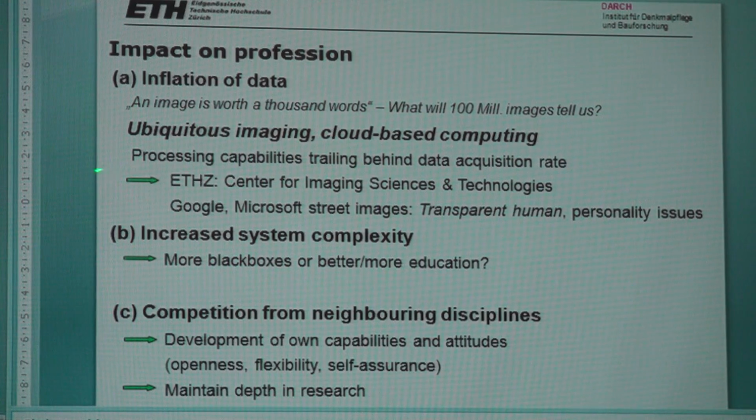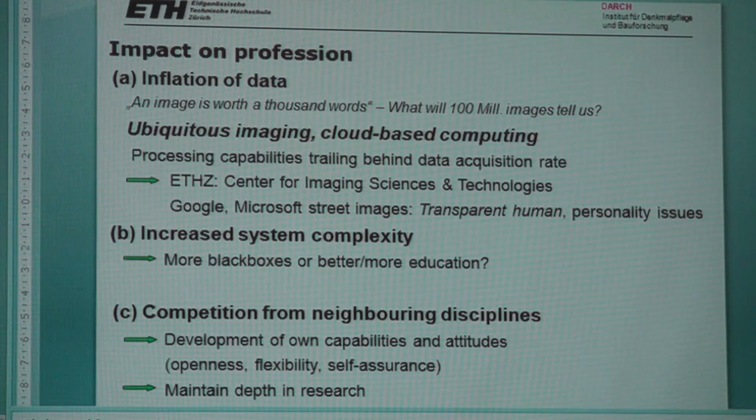At our school, for instance, we have a Center of Imaging Sciences where about 25 professors from different areas, from chemistry, life sciences, geomatics, whatever, are all concerned with images, one way or another, and with image processing. They go together and try to solve problems jointly. Increased system complexity, what does it mean?